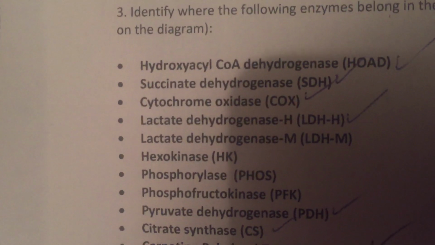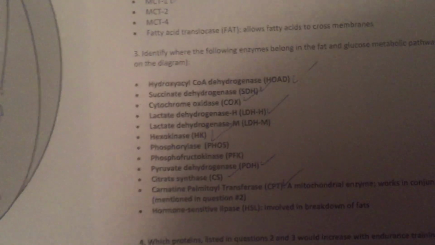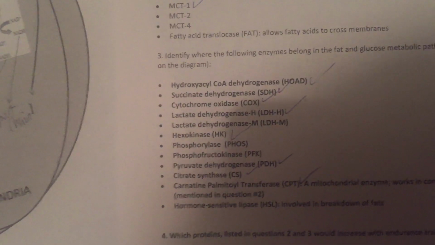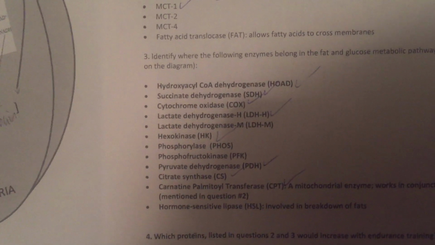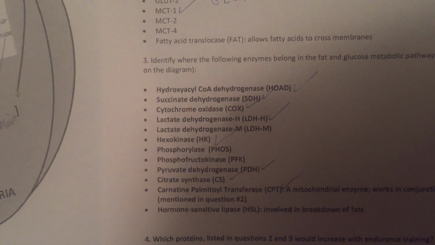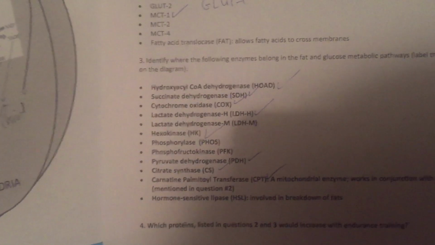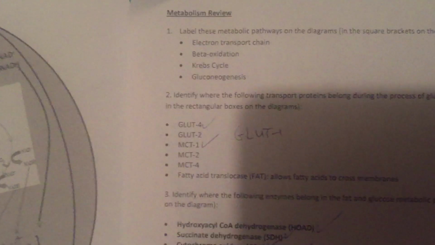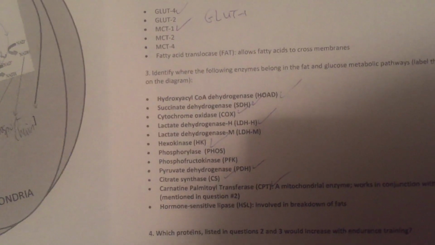So it's the one glycolytic enzyme that increases with endurance training. It is involved in phosphorylating glucose and trapping it inside the muscle fiber once the glucose comes into the muscle fiber. So that is also increased with endurance training. So it's pretty much all the mitochondrial proteins, hexokinase, and GLUT4 that are increased with endurance training.